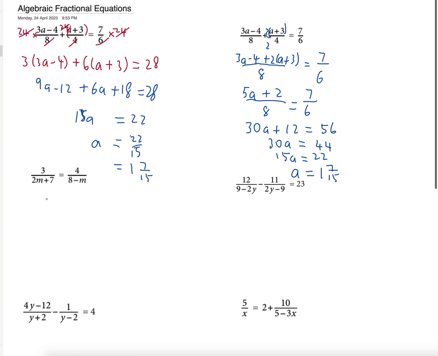Here we have an example where we have a single fraction on each side, so we cross multiply. That is 4 multiplied diagonally equals the product of the other diagonal. Expand it.